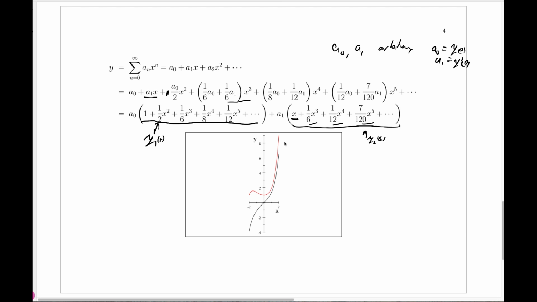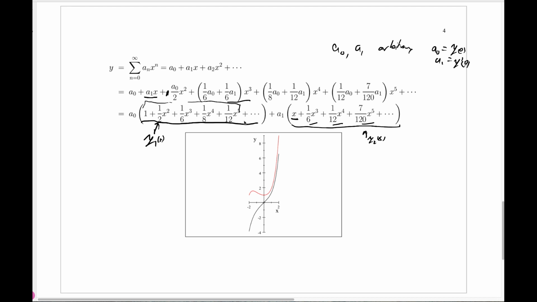Just to show you what they look like, I've graphed them here. At least what I've graphed is the fifth degree Taylor polynomials for both. In other words, instead of graphing all of y1, I've just graphed this approximation for y1, which is this fifth degree polynomial. Of course, if you had higher degree terms, we'd get a more accurate version, and you could have a computer compute many more terms and get a really good idea what shape y1 is.